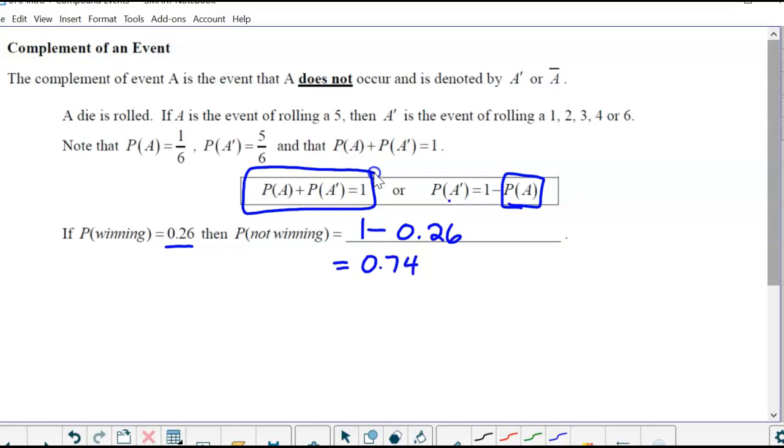Okay? That's the complement. We talked about that when we did Venn diagrams way at the beginning of the course. We're going to look at Venn diagrams again next week. The complement would be everything that's outside of the circles in a Venn diagram, but still in that sample set.